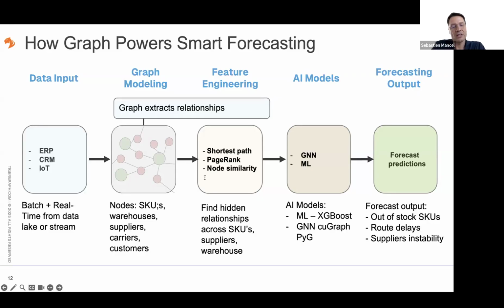So this end-to-end pipeline from raw data to relationship modeling to AI-powered forecasting enables companies to proactively plan for disruptions before they materialize. And the result: what once took 10 weeks to forecast can now be generated in just minutes, delivering faster, more resilient decision-making.